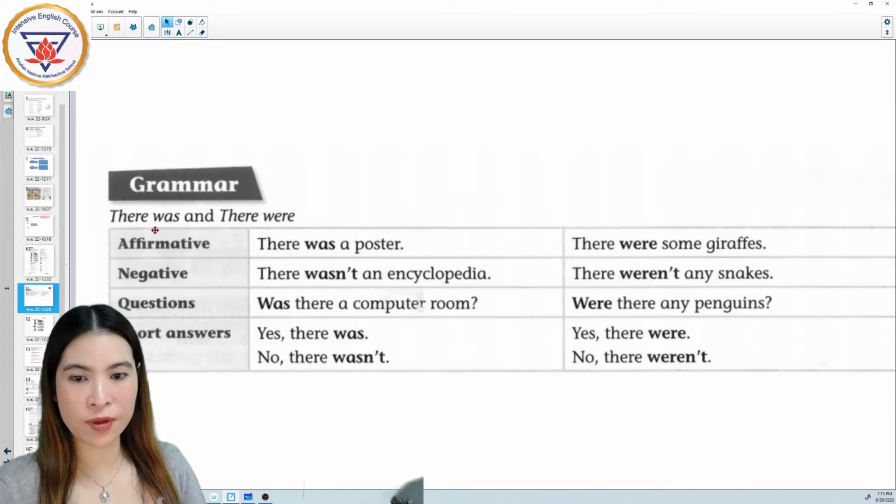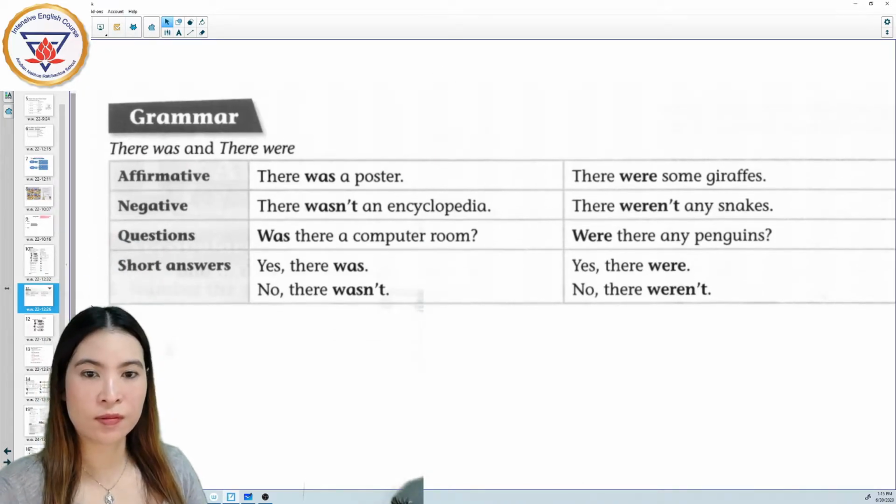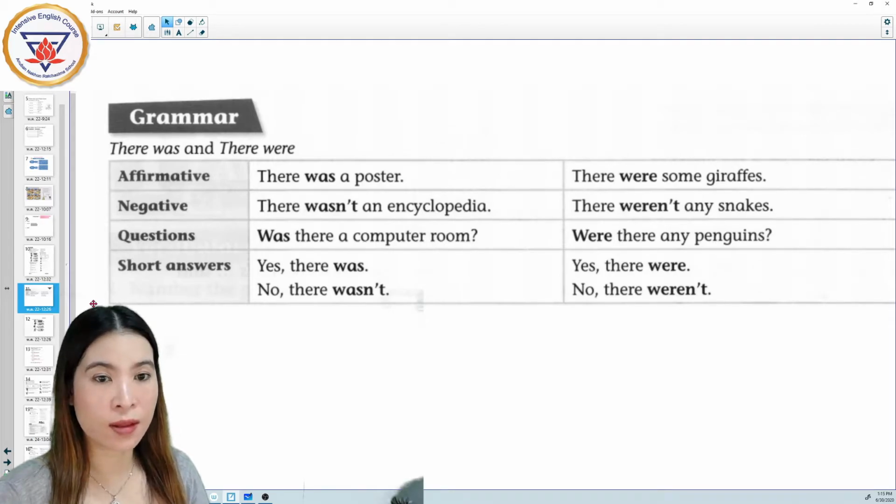On the top of the page, right here, it says there was and there were. However, I have walked you through this just a few minutes ago, so I'm sure that you would understand how the structure works, right?